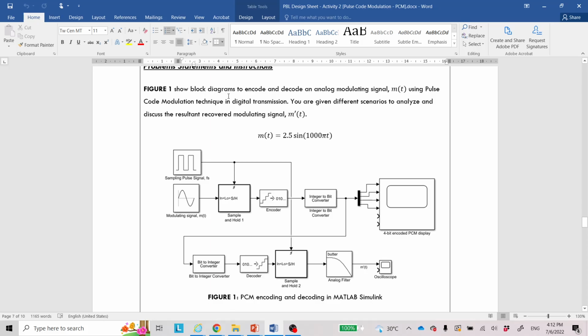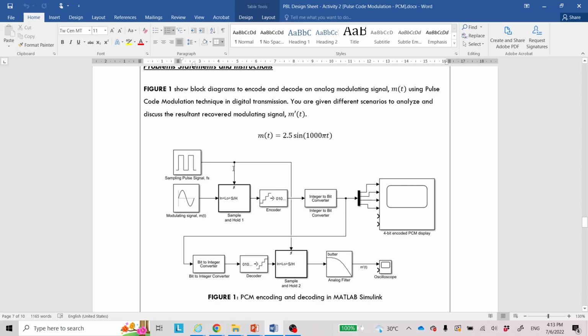Okay, so now Figure 1 shows the block diagram to encode and decode an analog modulating signal m(t) using pulse code modulation technique in digital transmission. You are given different scenarios to analyze and discuss the resultant recovered modulating signal m'(t), which is the output at the receiver.